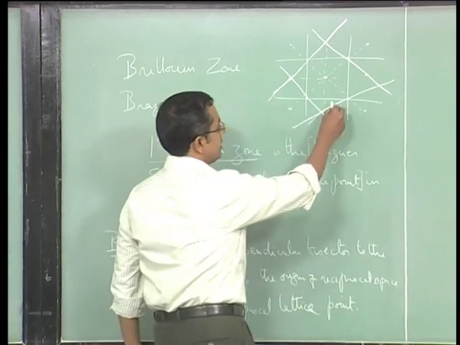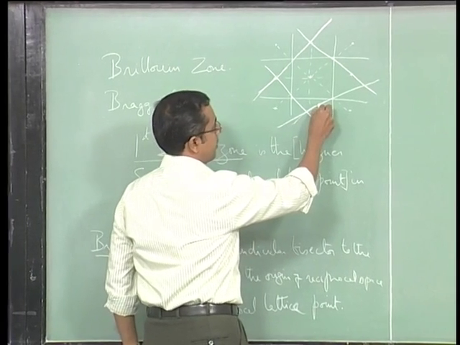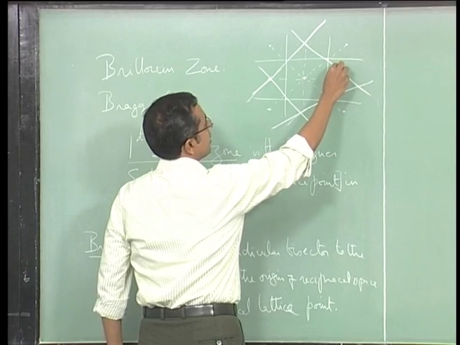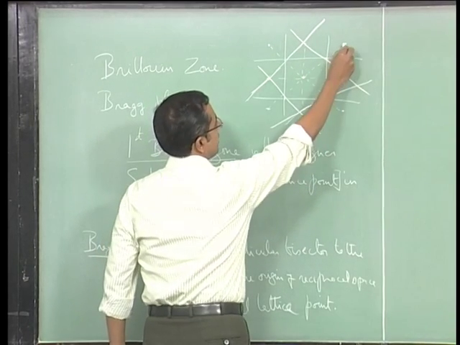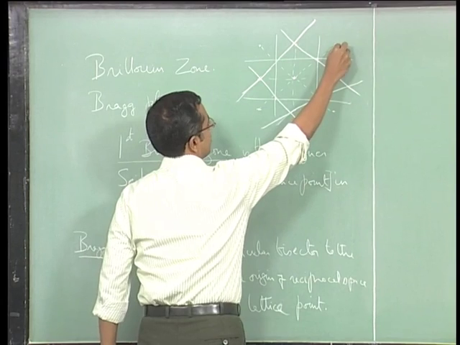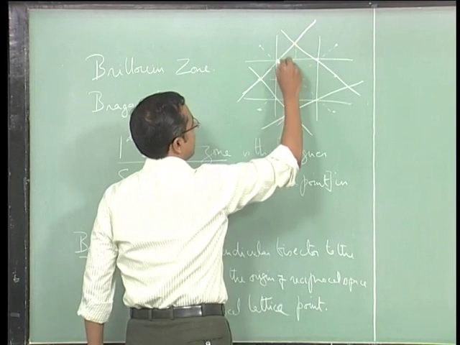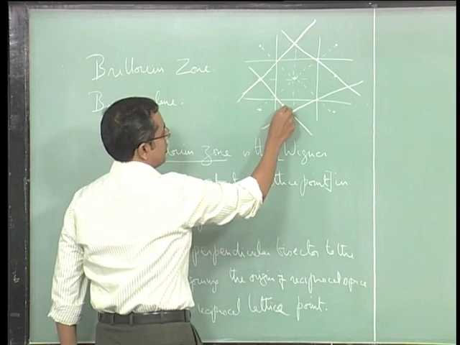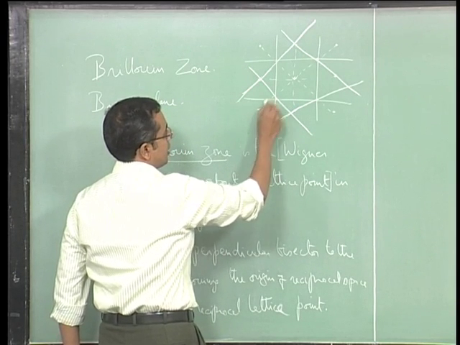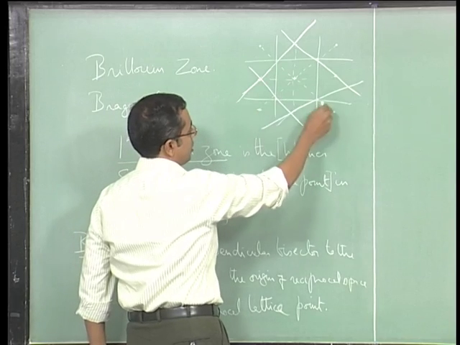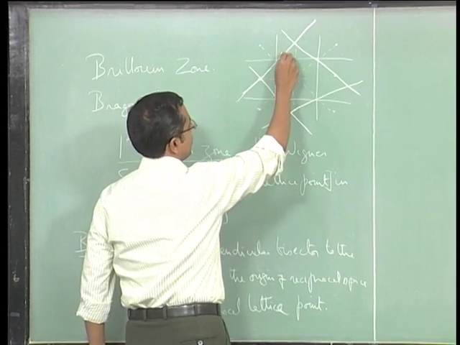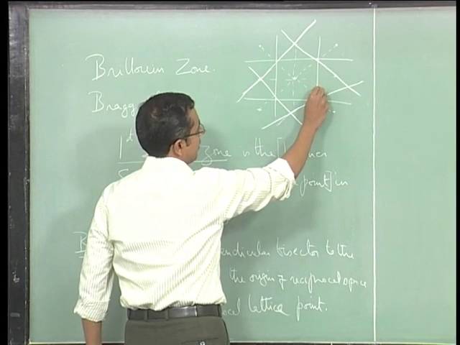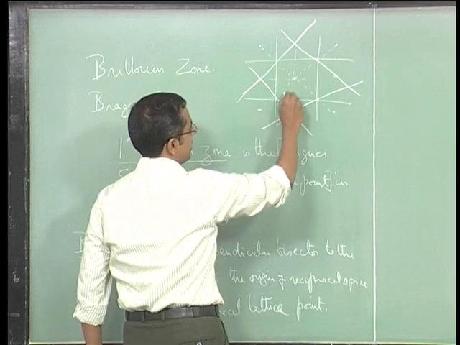So, this solid line here is a Bragg plane, and this Bragg plane bisects the line joining the origin and this reciprocal lattice point, and this one bisects the line joining the origin to this reciprocal lattice point, and so on. So, we have one Bragg plane here, two, three, four Bragg planes.